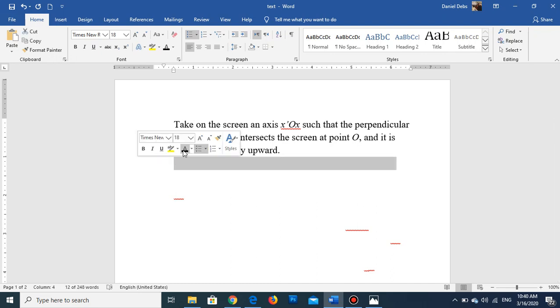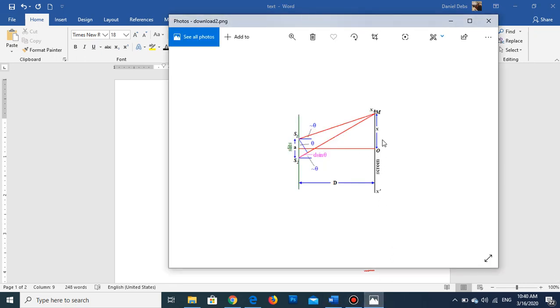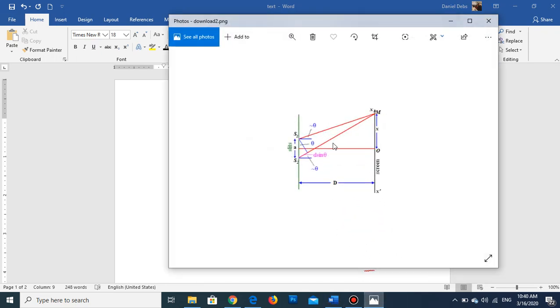And now, the optical path difference at a point M on the screen. Let me say this is M. It is any point but belongs to the region of interference. What is the optical path difference?